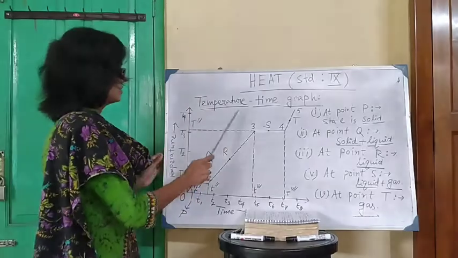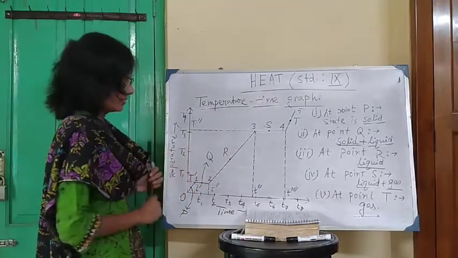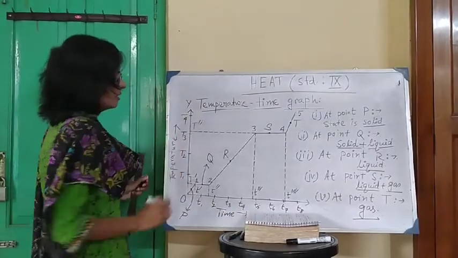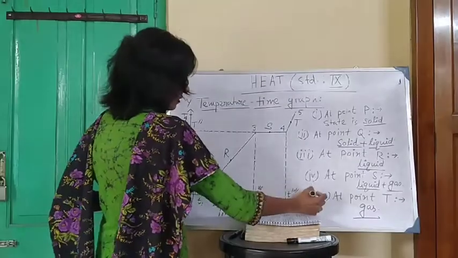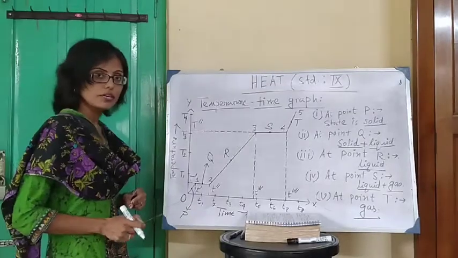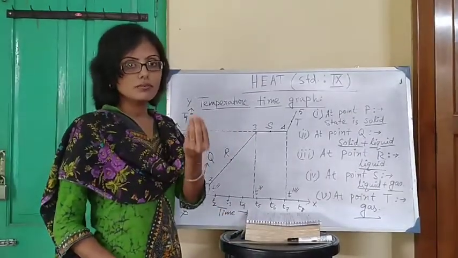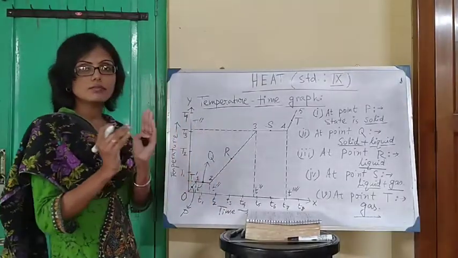In the temperature-time graph, along the vertical y-axis, temperature is plotted. Along the horizontal x-axis, time is plotted. Consider that a solid form of a matter is taken, and we supply heat from outside.